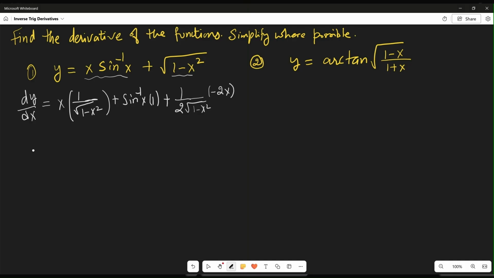Okay, so we have x over square root of 1 minus x square plus sine inverse x minus 2x over 2 times 1 minus x square.